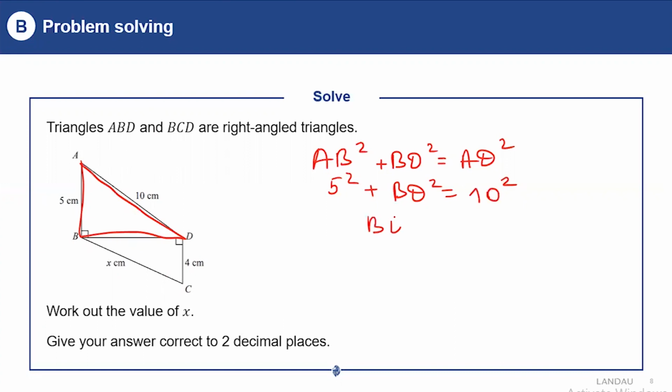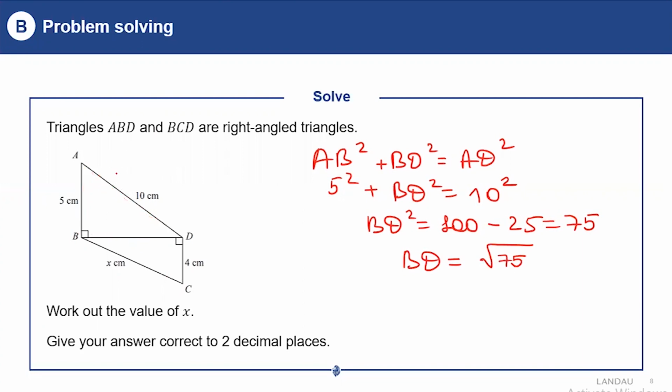So we can say BD squared equals 10 squared, which is 100, minus 5 squared, or 25. So it will be 75. But again, we need to find the value of BD, not the square. So for this reason, BD will be root of 75. There is no need to calculate it.